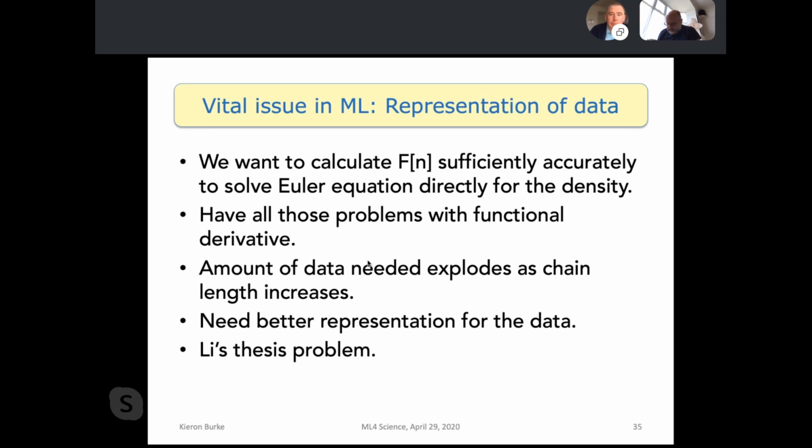So a vital issue, especially with kernel ridge regression, is how you represent the data. You must represent it in the right way for the machine learning to be efficient. And this is one from Li, who is a very talented coding guy who did his PhD thesis with me in physics and now works for Google Accelerated Science.